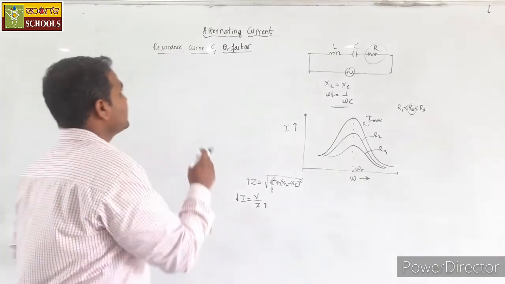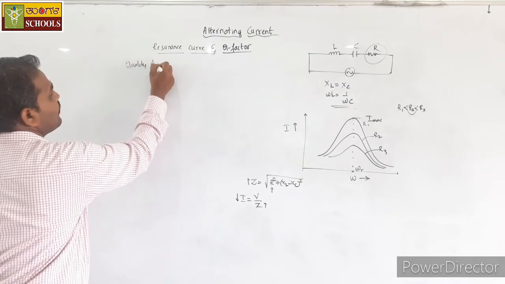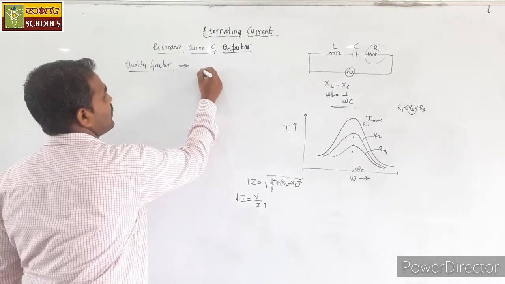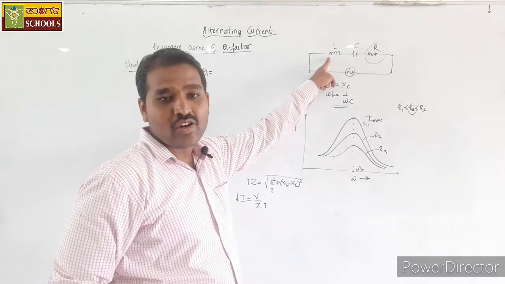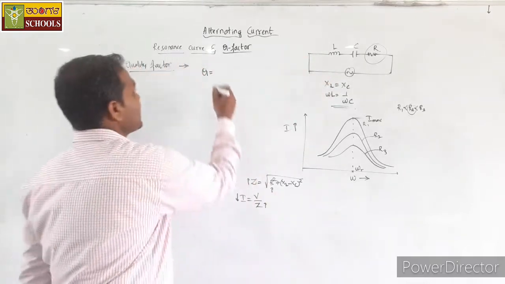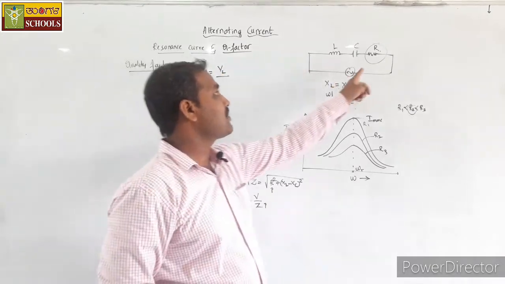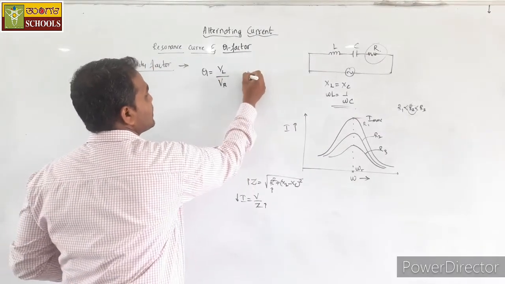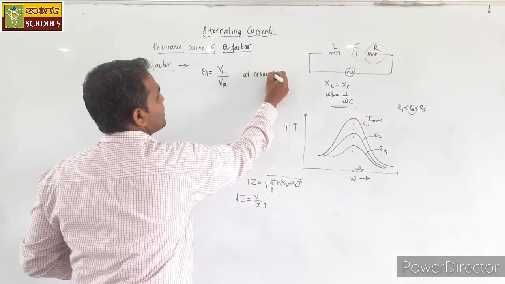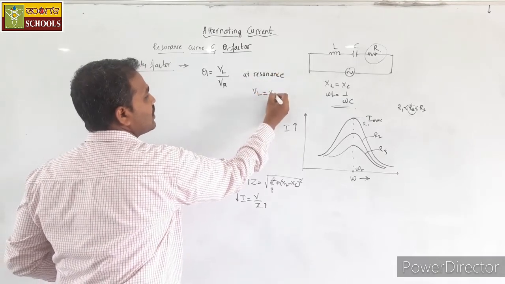For that, quality factor or simply Q factor is the ratio of the voltage applied across the inductor and the voltage applied across the resistor, that is VR, at resonance. At resonance we know VL is also equal to VC.